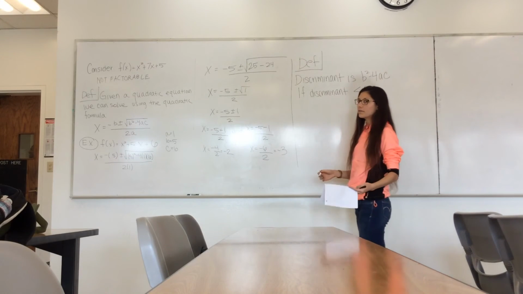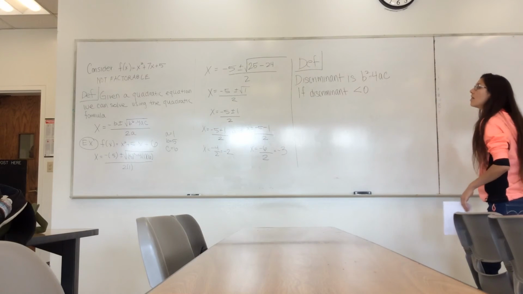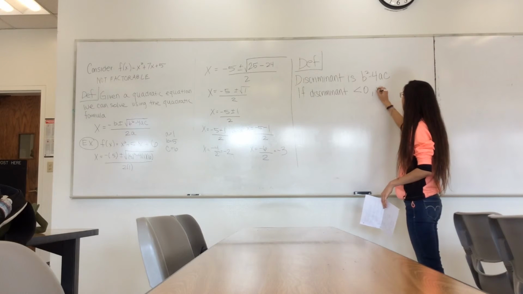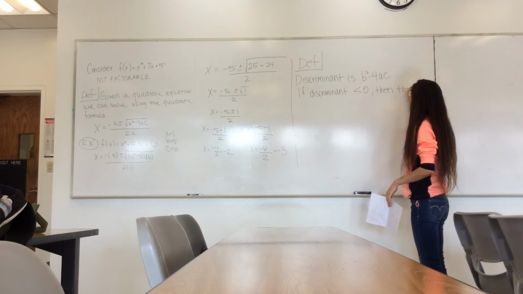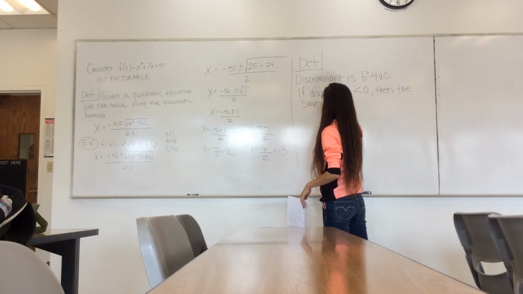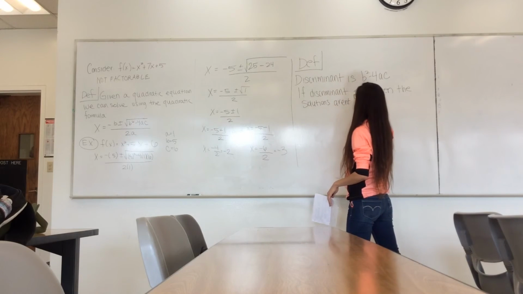Remember, we can take the square root of 0, but if our discriminant is less than 0, then we can automatically know that the solutions aren't real. And we can stop once we find that out.